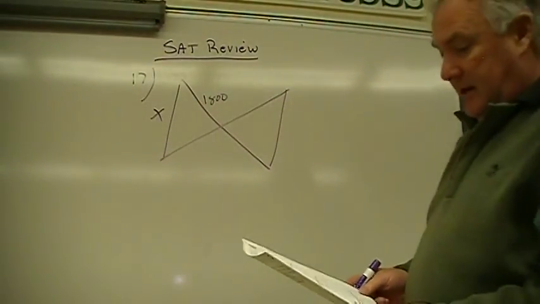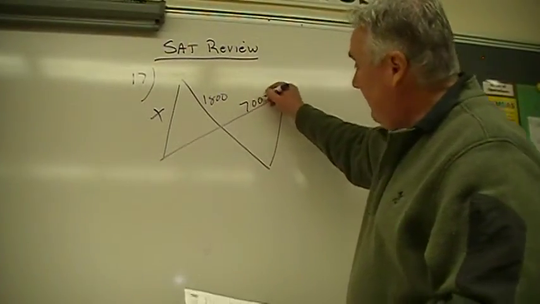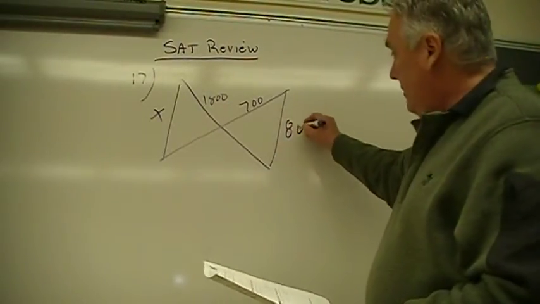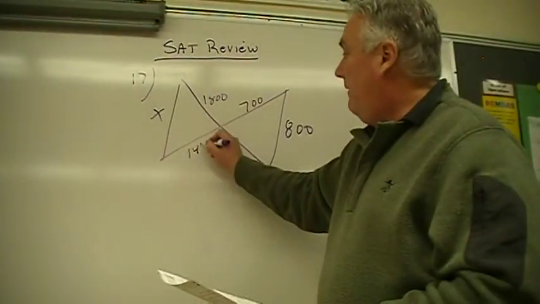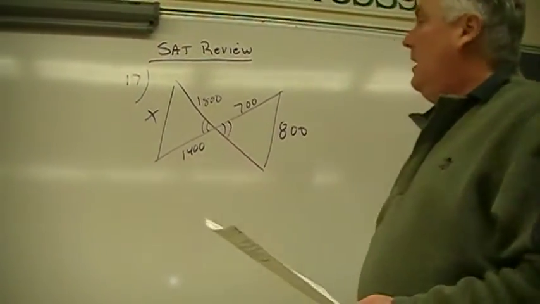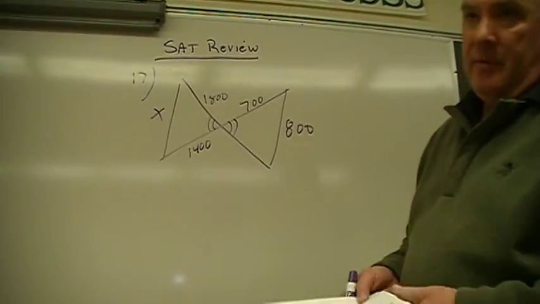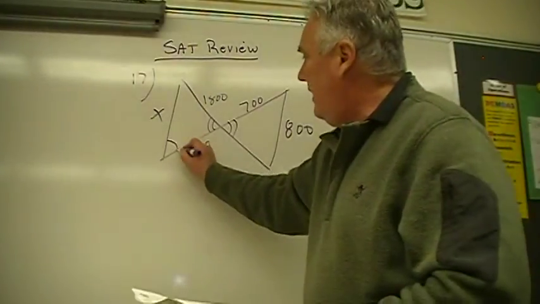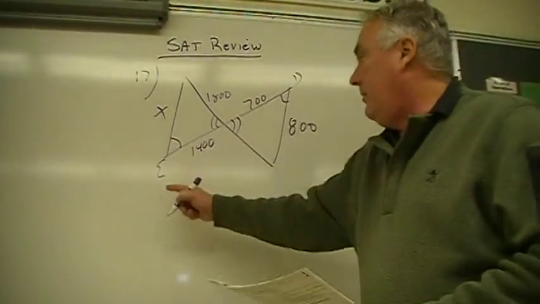You'll know that that's 1800, that this is 700, that this is 800, and this is 1400. We know that these angles are congruent because vertical angles are congruent, if you remember that from your geometry classes.